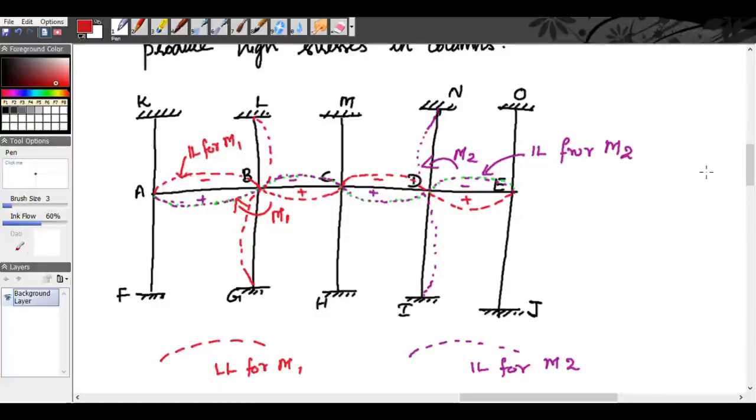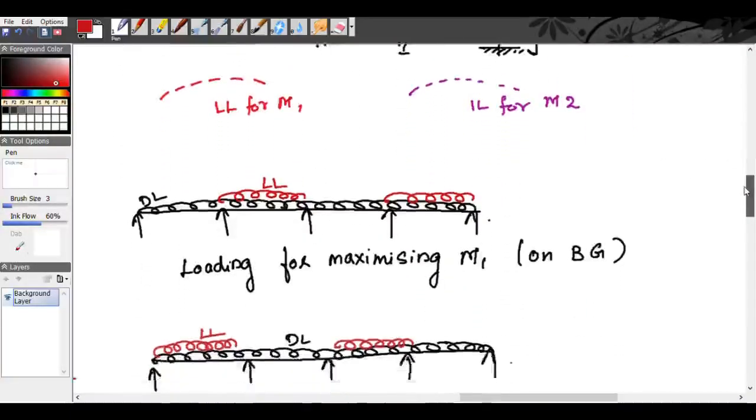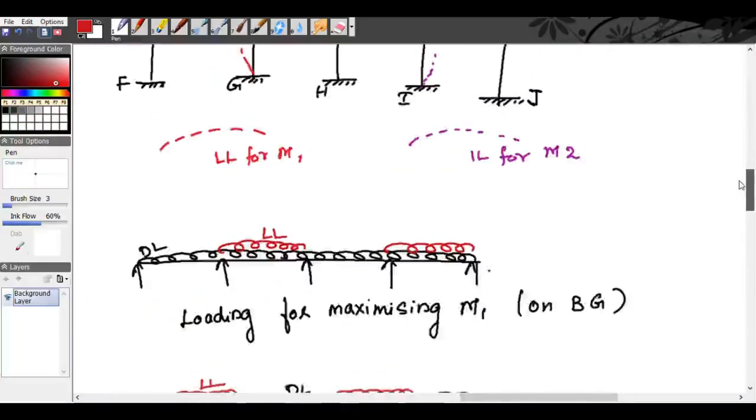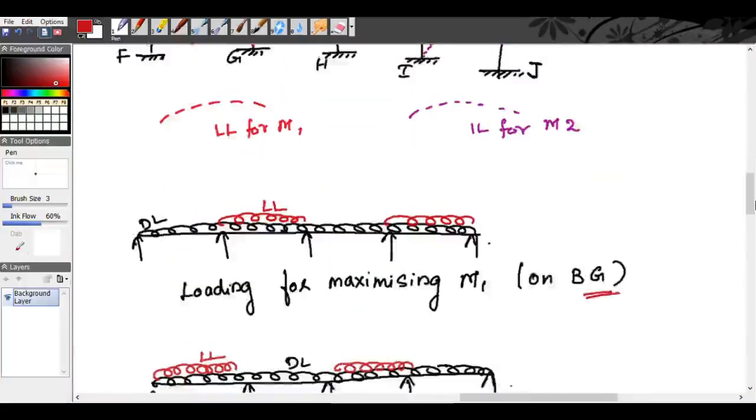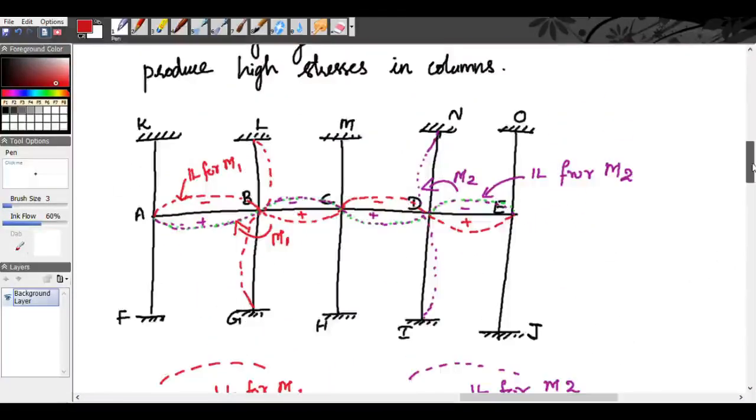Now you can see that the columns under consideration are BG and DN.